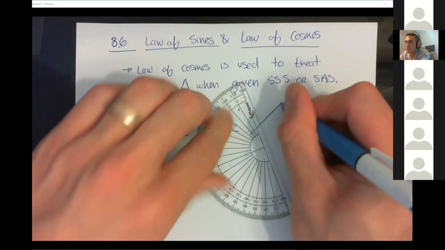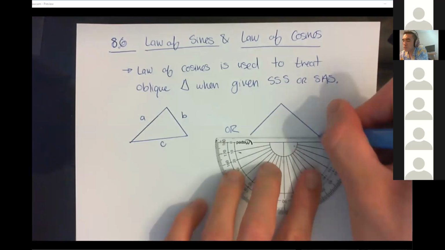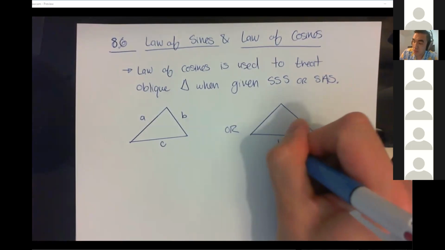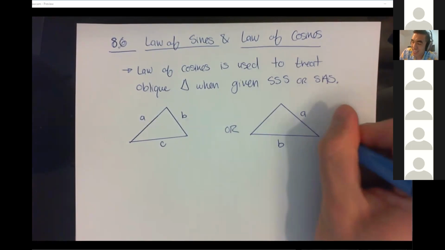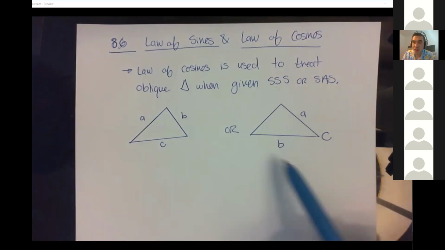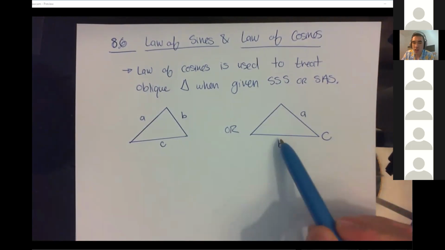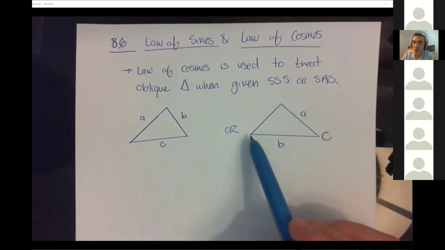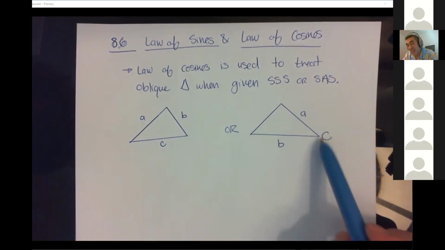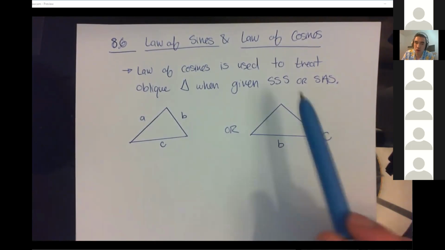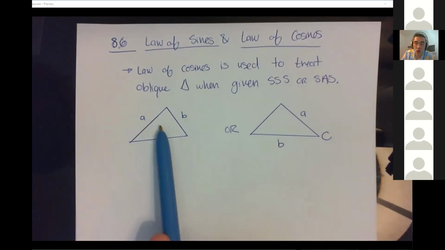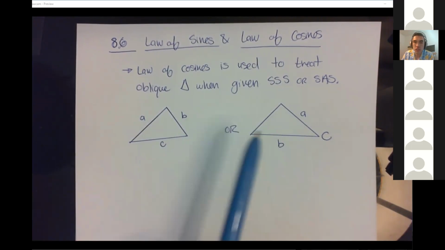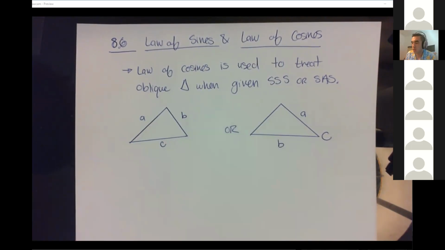You're given some nasty oblique triangle, but all you're given is side length B, side length A, and angle C. This is the nastiest one because look, I have this side, I don't have its angle pair. I have this side, I don't have its angle pair. I have this angle, but I don't have its side pair. If you're given 3 sides on an oblique triangle, or SAS in that order on an oblique triangle, both of these are law of cosines.